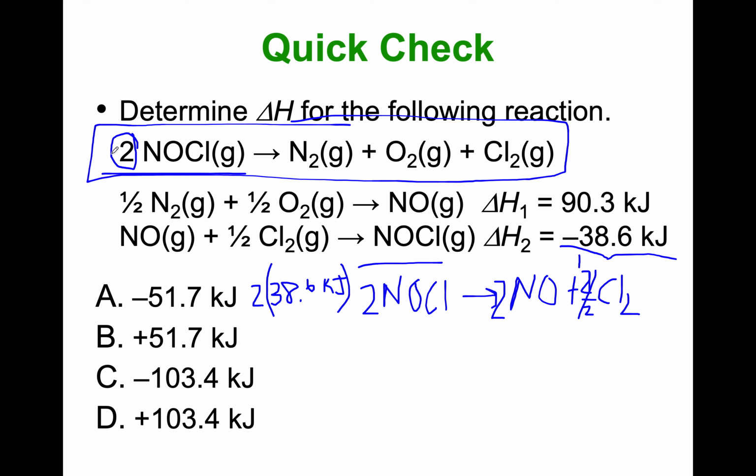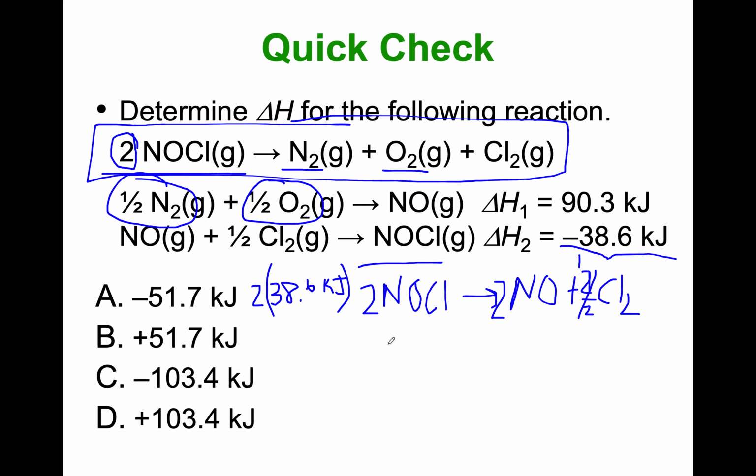All right, so then next, if I go to the right, I need nitrogen by itself. And I can see over here's nitrogen, but it's on the reactant side. Oh, look, I also need oxygen, and there's oxygen here on the reactant side. So I also need to flip this reaction.